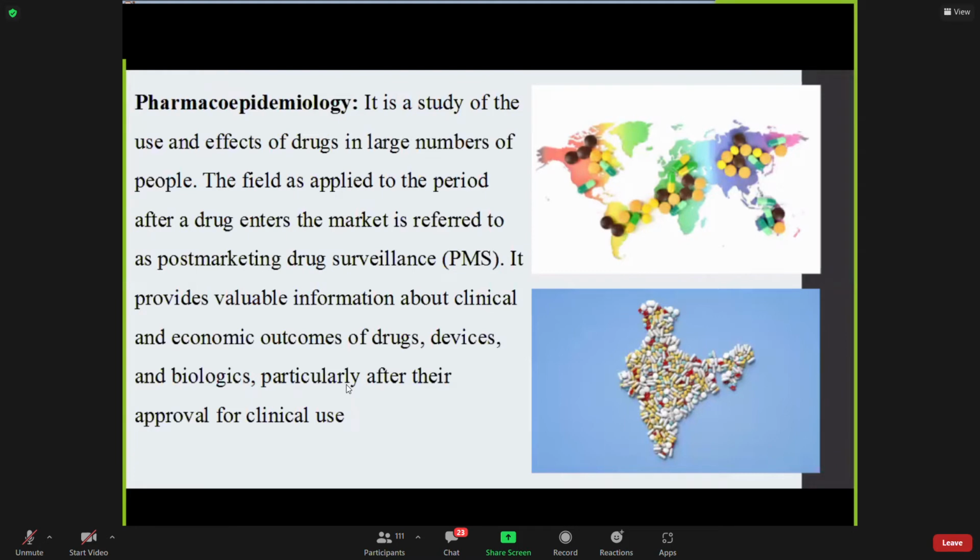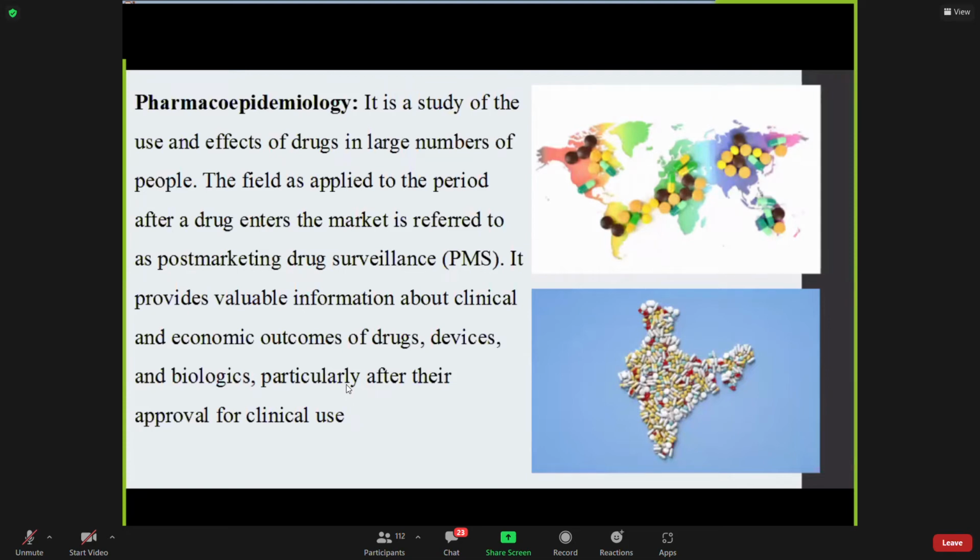Pharmacoepidemiology. The meaning of the word epidemiology you will learn in community medicine also. Epidemiology is the study of the distribution of certain diseases in a large population, and pharmacoepidemiology means the study of the effect of drugs on a large population. This is important because a new drug has to pass some clinical trial phases for approval.